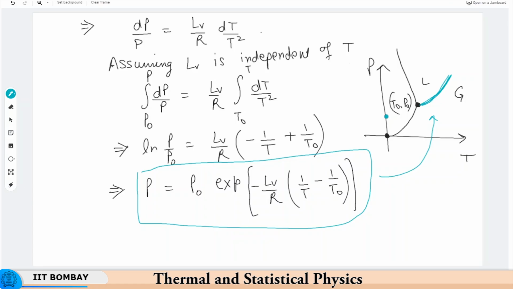So, we will now move on to a new topic which is known as chemical potential, okay. So, chemical potential. All right. So far, let us go to the first law of thermodynamics, right.